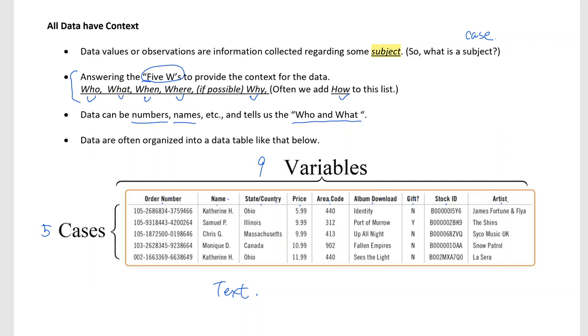Then the next thing we talk about is that data is often organized into a data table like this. So normally we assign the cases as the rows and the columns for the variables.